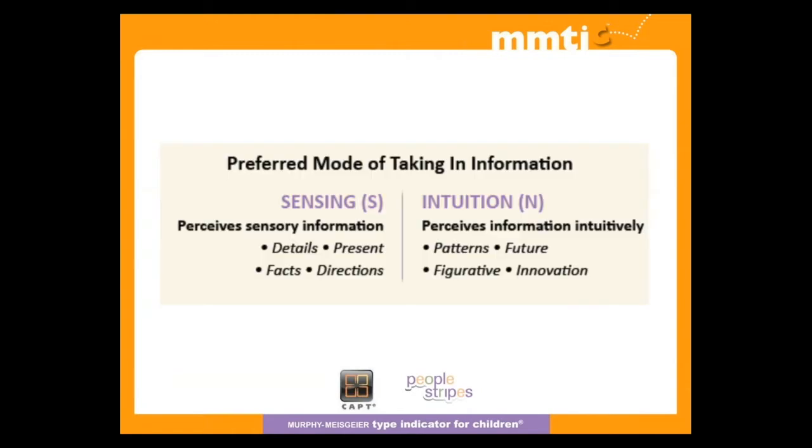With sensing, we know that the students appreciate information, sequence, practicality, usefulness. With intuition, we know that students value innovation, looking at things from a different perspective, that unique way of approaching things, and their interest falls in the design phase, whereas the sensor falls more into the application, the user phase.